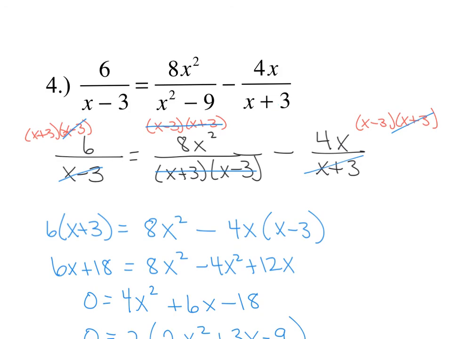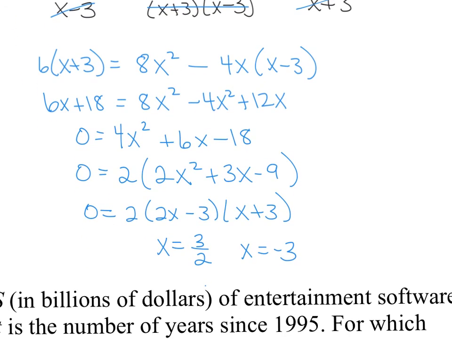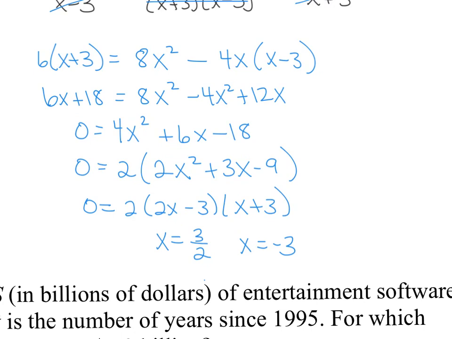It makes it undefined. So I know that negative 3 has to be extraneous just from inspection. So this one is extraneous, and that will leave just 3/2. Now I have already checked to see if 3/2 is extraneous, and it is not. So if you need to, you can also check that back into the equation.